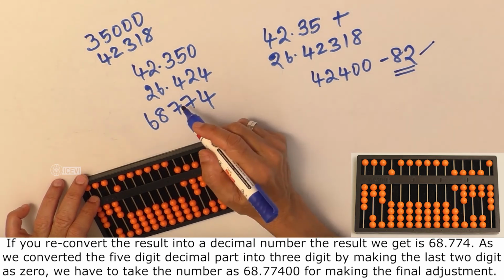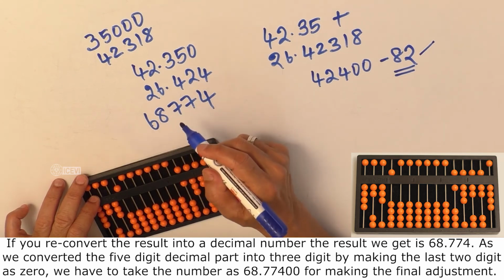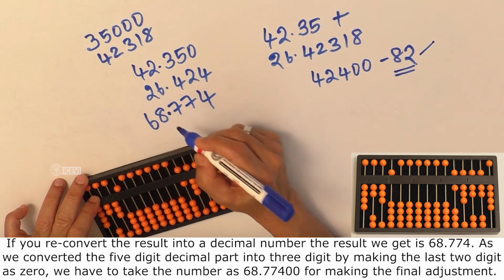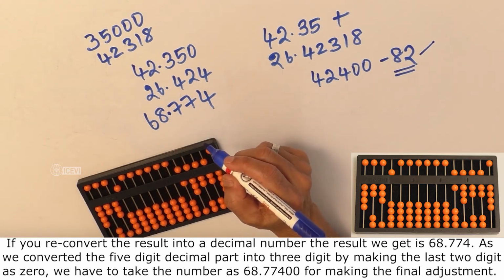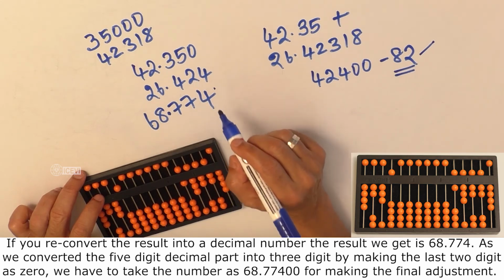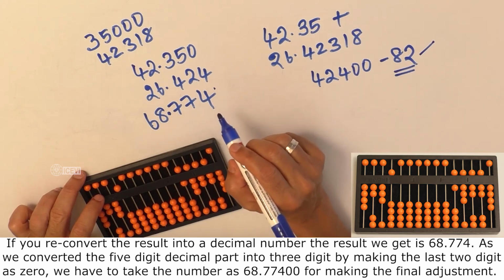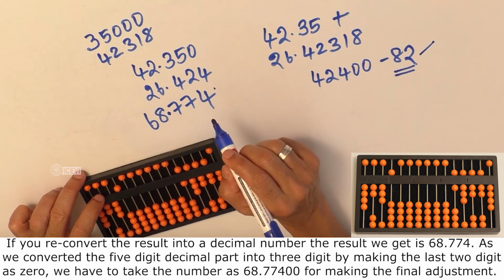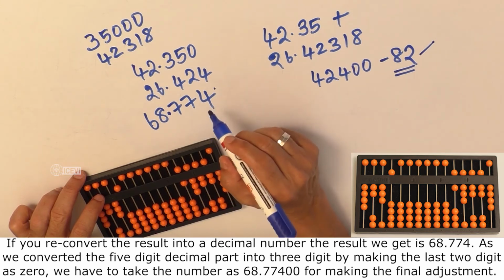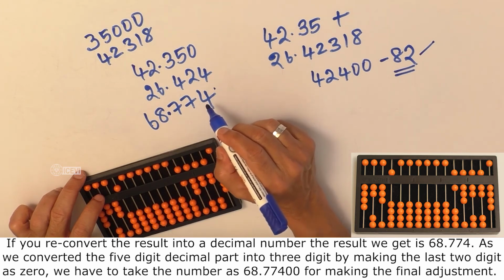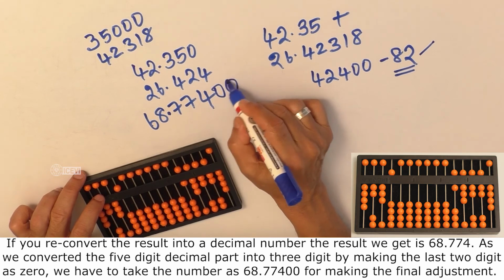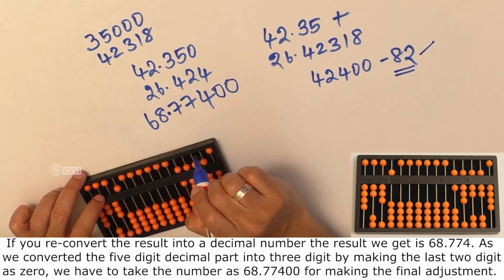If you reconvert the result into a decimal number, the result we get is 68.774. As we converted the 5-digit decimal part into 3-digit by making the last 2 digits as 0, we have to take the number as 68.77400 for making the final adjustment.